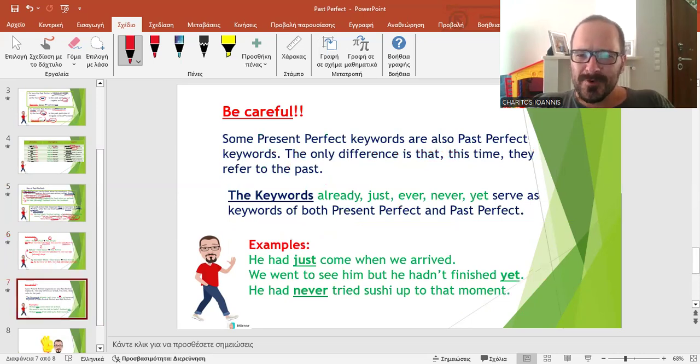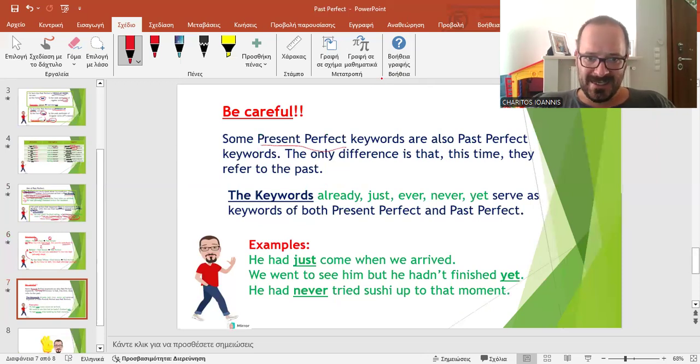However, some present perfect keywords, watch the link to revise present perfect in the description box. There is a link to see how we use these keywords. But some present perfect keywords are also past perfect keywords. The only difference is that this time they refer to the past. So the keywords already, that I kept using throughout my examples in this video, just, ever, never, yet, all of them, we saw them as keywords of present perfect. But they serve as keywords of both present perfect and past perfect.